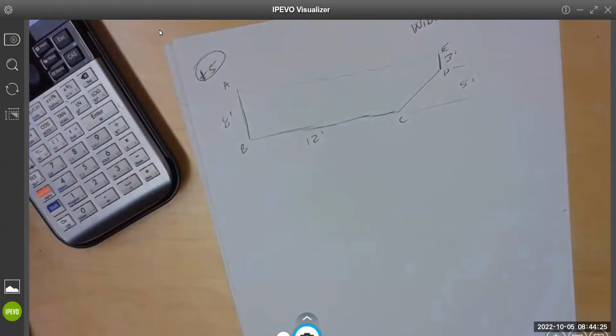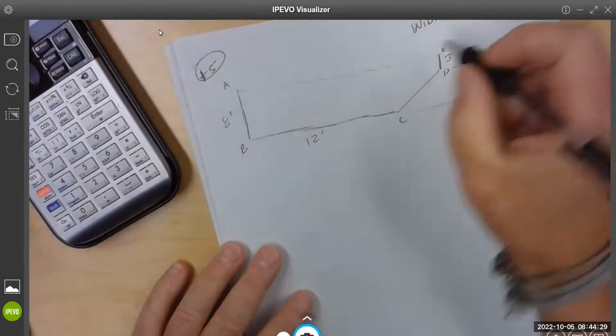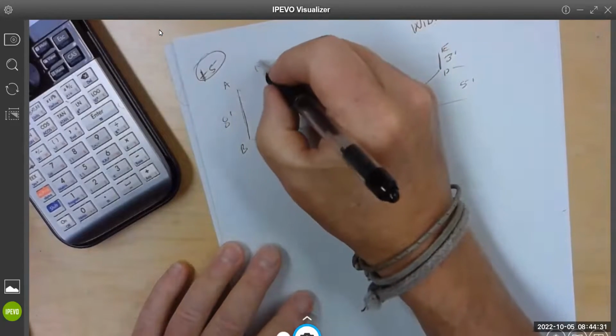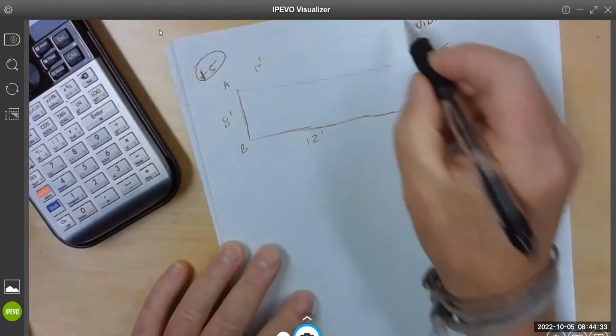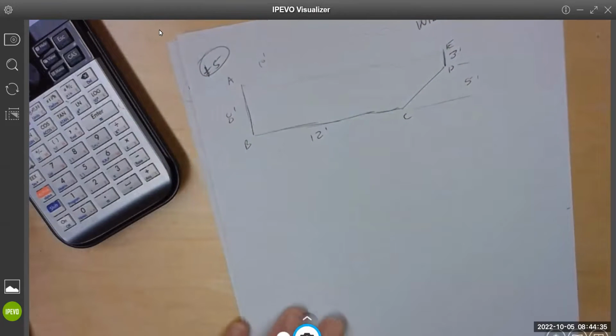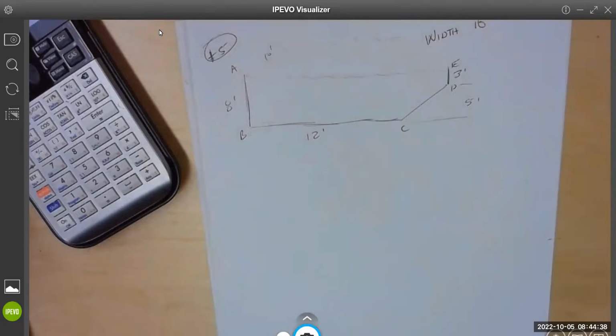So that must mean I'm referring to it as like the depth, right? It's this dimension. That's better, right? Yes. Well, this is number 5.